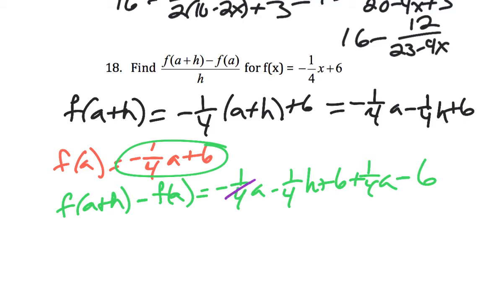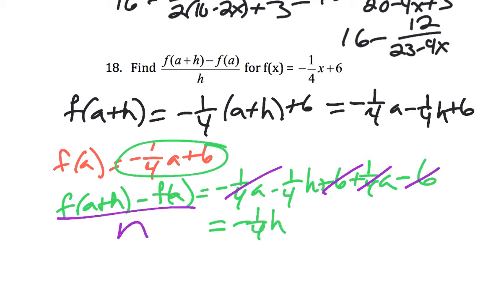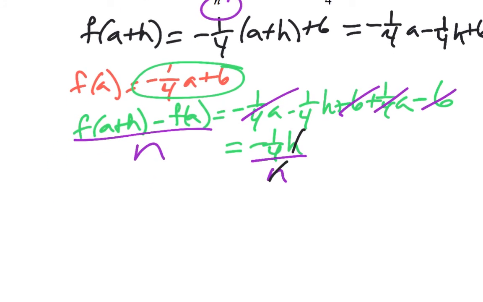Then these will cancel out, and I am left with negative 1/4 h. Then I need to divide it by h because it's at the bottom here, so I'm dividing out the h. That cancels out, and I am left as my answer with negative 1/4.